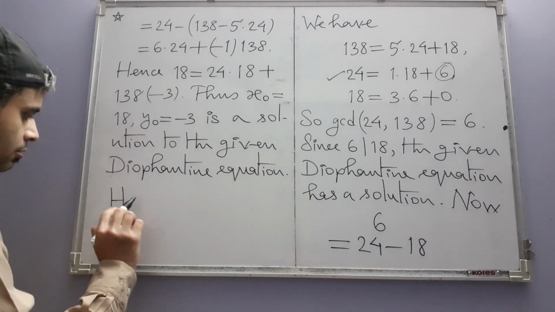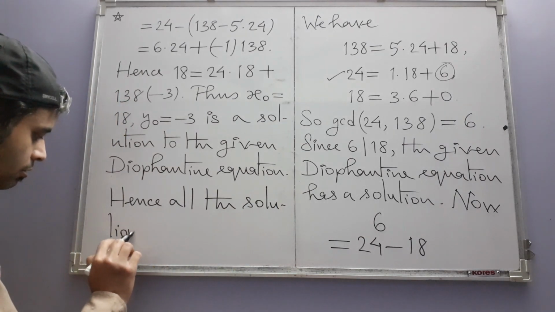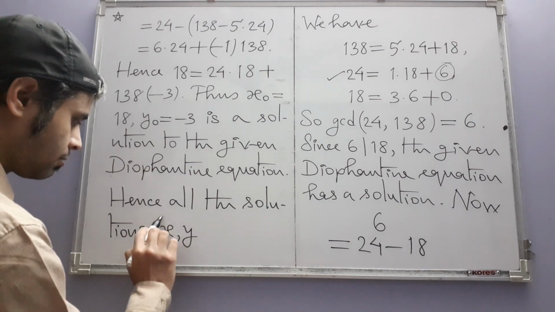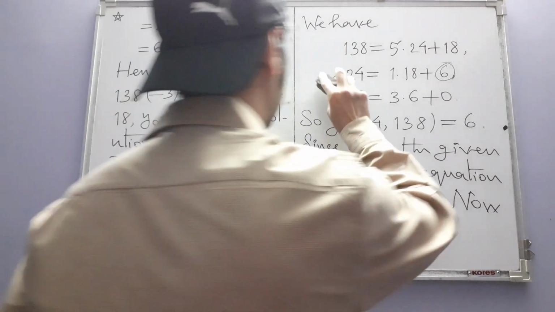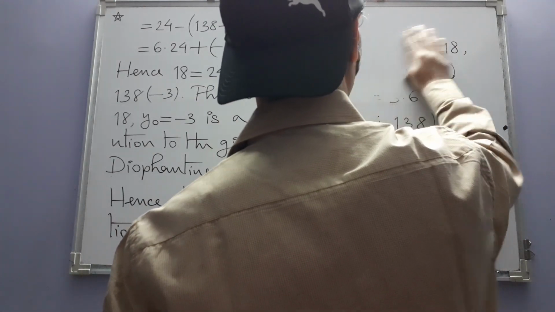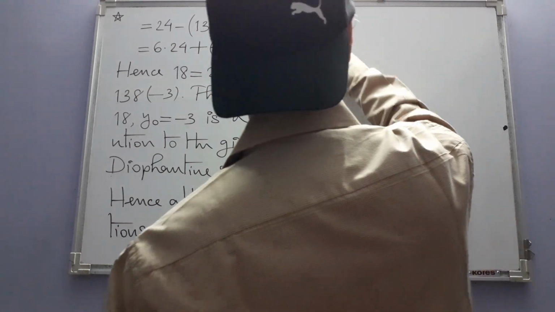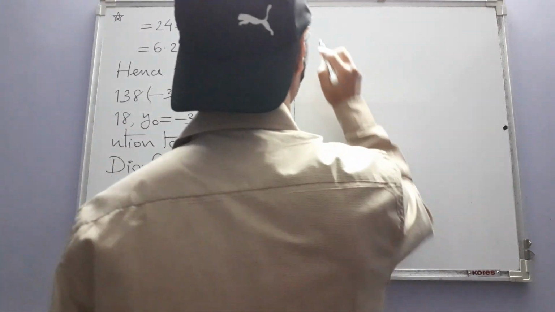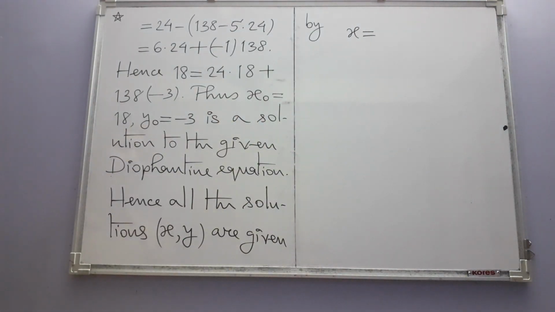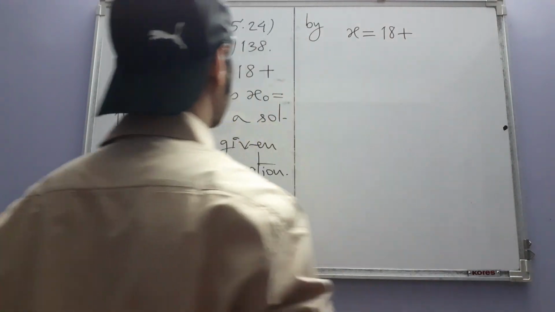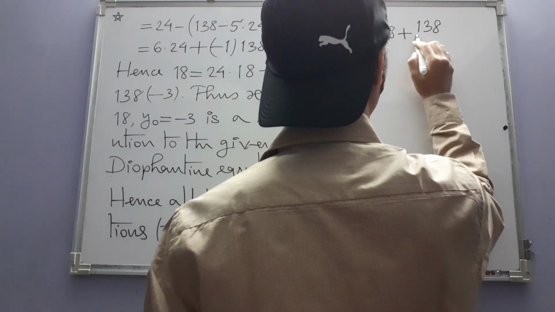Hence, all the solutions x, y are given by x equal to x naught, that means 18, plus b divided by d, that is 138 divided by d.